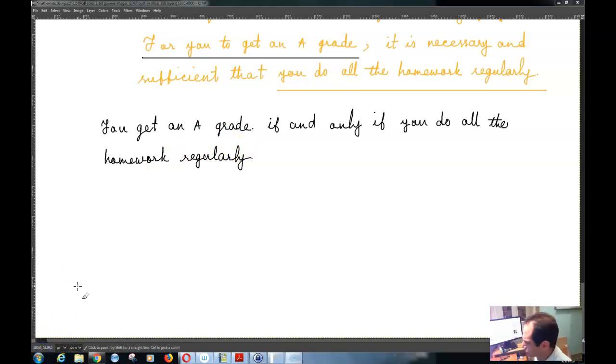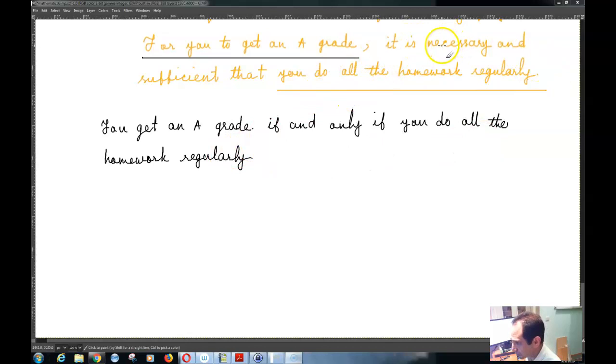Okay, so I was interrupted by some unusual incident, but I suppose we talked about this properly. Basically you write this sentence as: you get an A grade if and only if you do all the homework regularly.